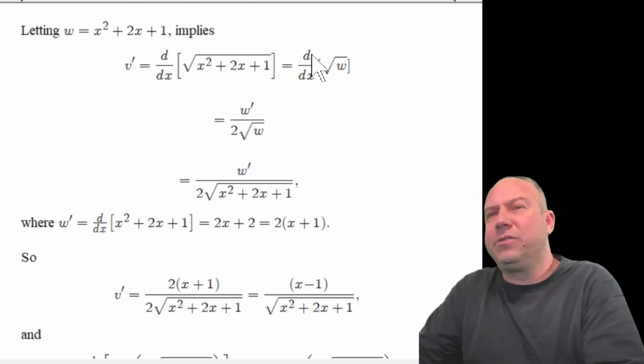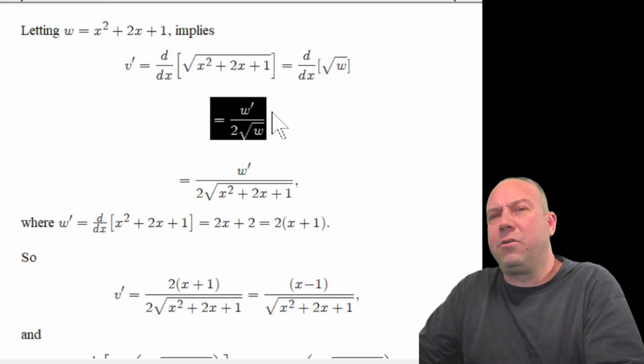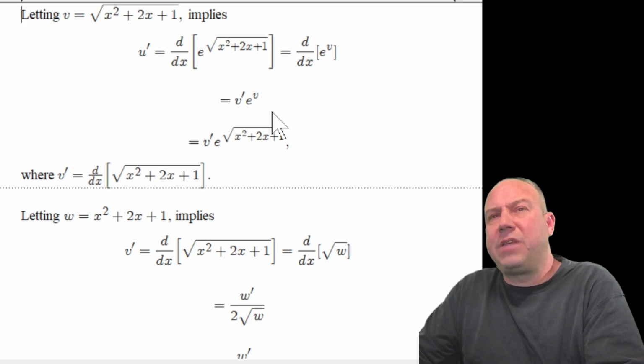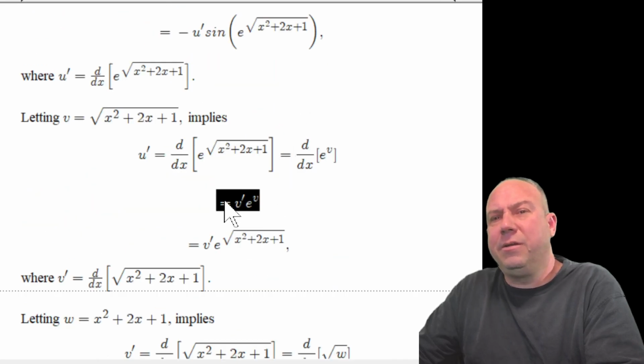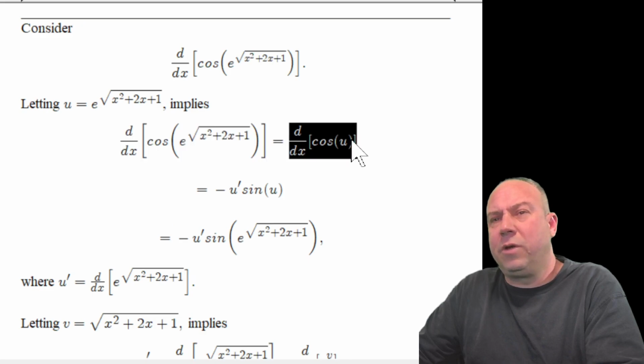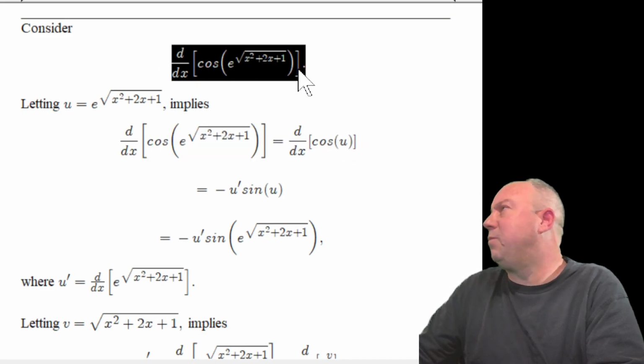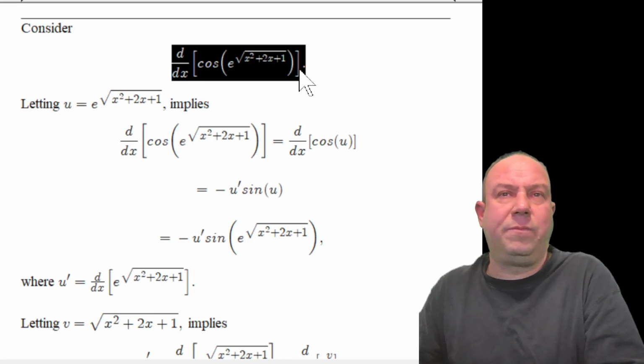We use that implicit formation here to draw this result quickly, and we used that implicit formation initially to draw this result quickly. All for finding the derivative of this complex nested chain rule.